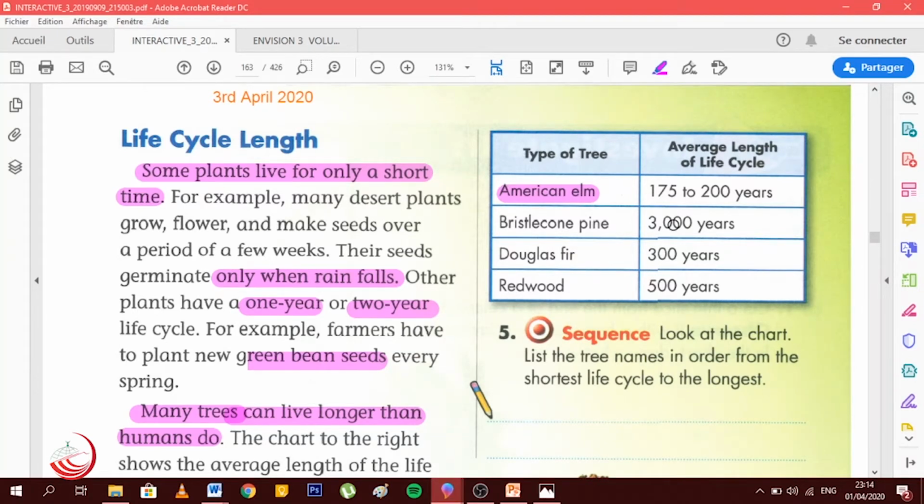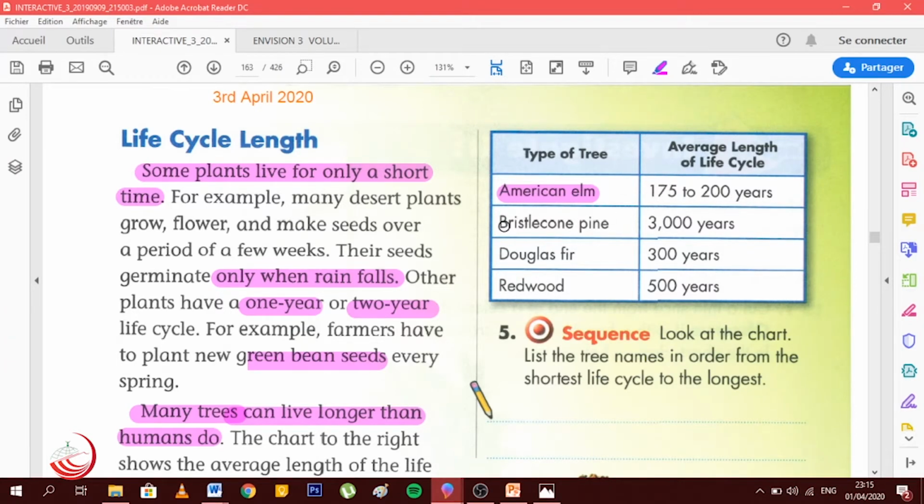We can see here that American elm can live for 175 years to 200 years. So the life cycle of this plant can take from 175 to 200 years.